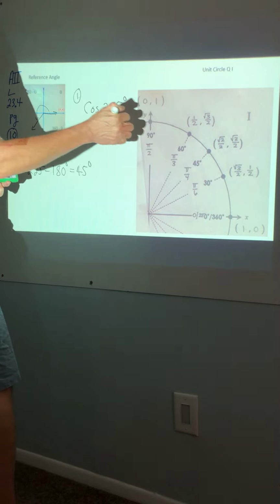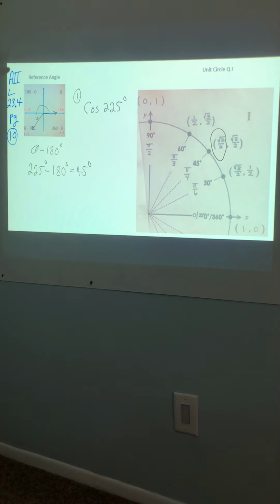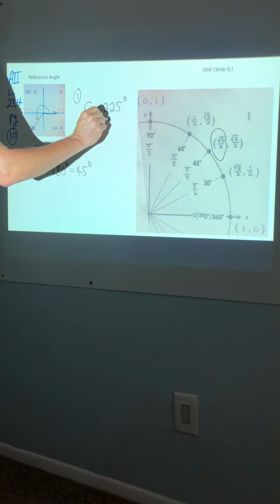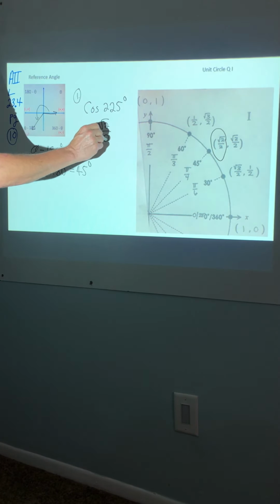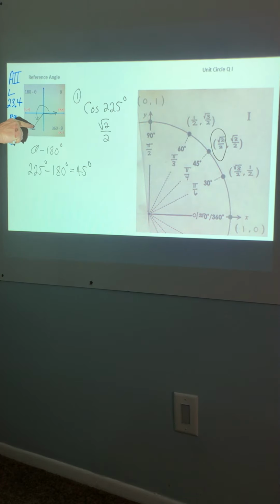You want cosine, so circle the first one. I'm going to write the square root of 2 over 2 down, but it's either going to be positive like it is, or we might change the sign to negative. Well, where did your angle land? It landed right here in quadrant 3, which is a negative negative. So you make this negative square root of 2 over 2.